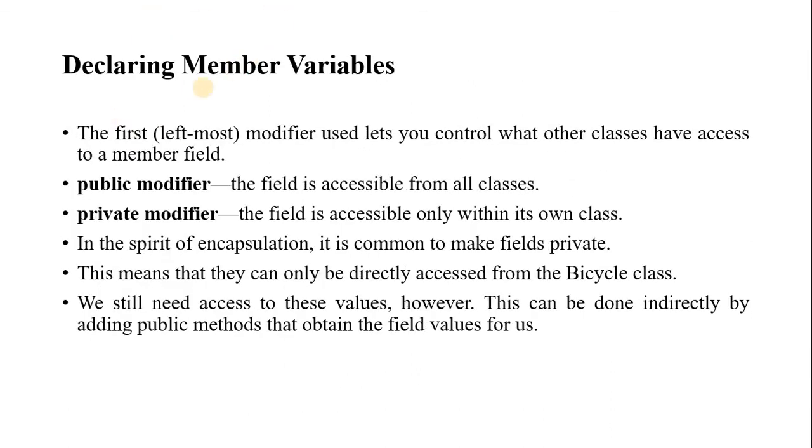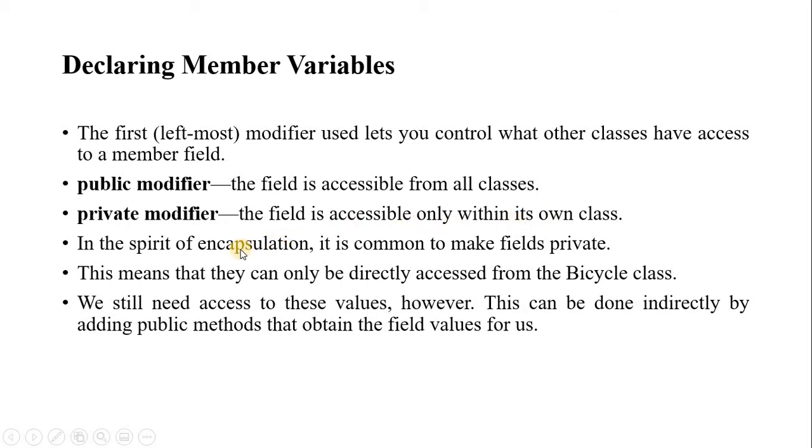So let us discuss the access specifier again. The access specifier is the leftmost part of any field or variable, which can have a public modifier or private modifier. Public means it can be accessible to all the classes available in the project. Private means it can be accessed only within its own class.